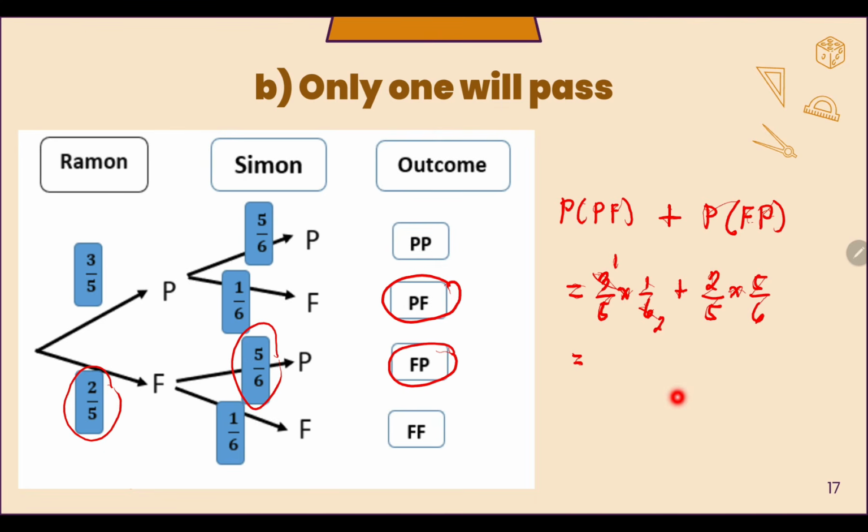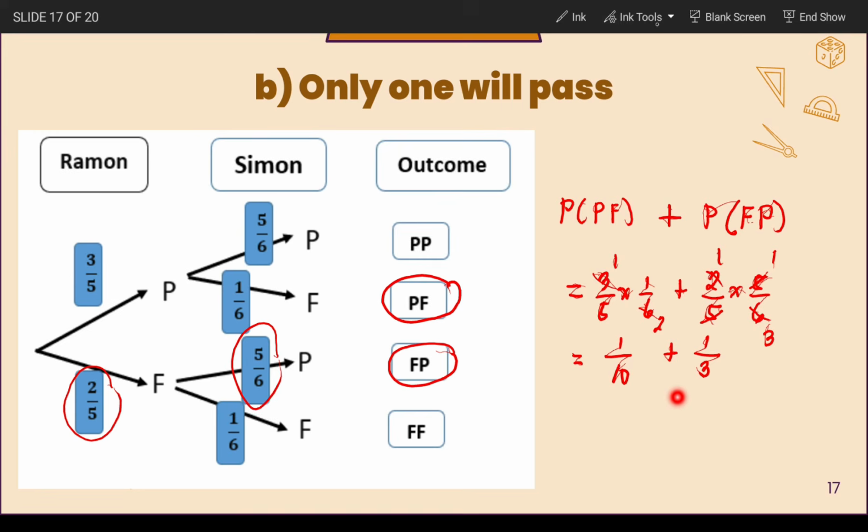That is 1/2. So we have 1/10 plus, you have again 5 divided by 5 is 1. Then you have here 2 and 6 may be divided by 2. So you have 1/3. 1 times 1 is 1, and then you have there 1/3. So when we are now going to add, I think it would be best if we are not going to simplify because we have here addition.